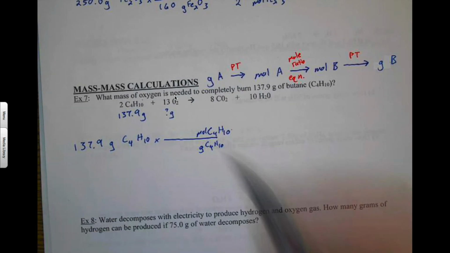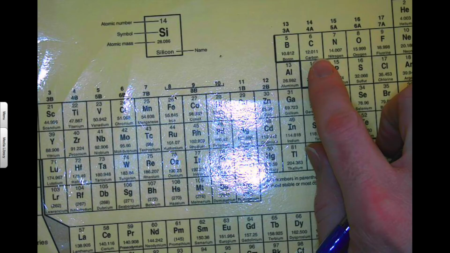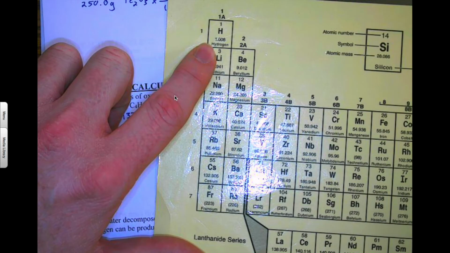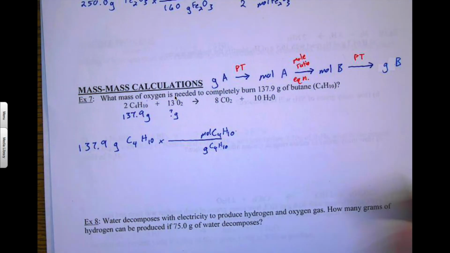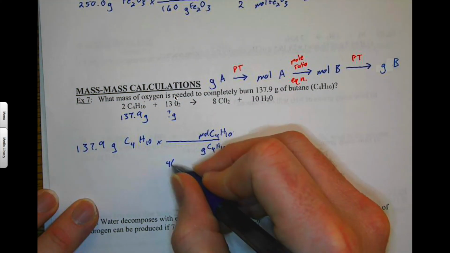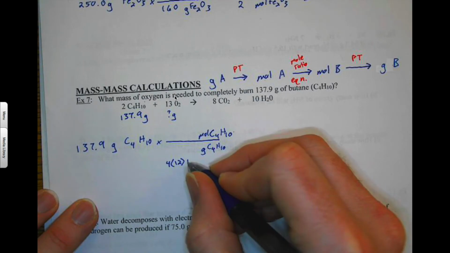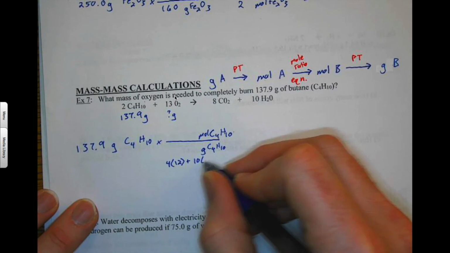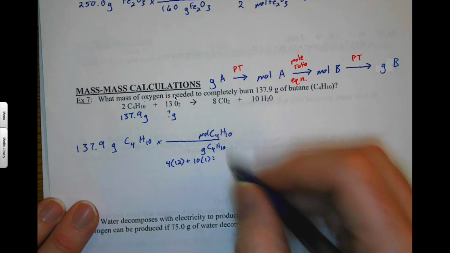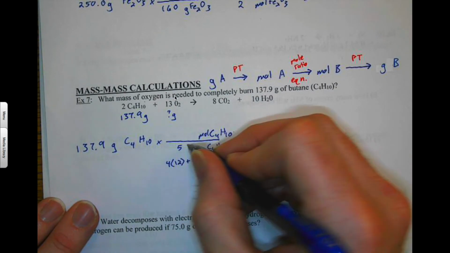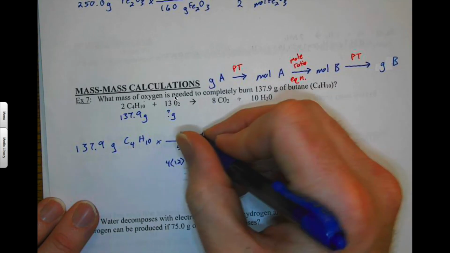And so we know that carbon and hydrogen, here's carbon, that is a 12, and then hydrogen is a 1. Hopefully you memorized that by now. So 4 times 12 plus 10 times 1 is going to be 58. 58 grams per 1 mole.